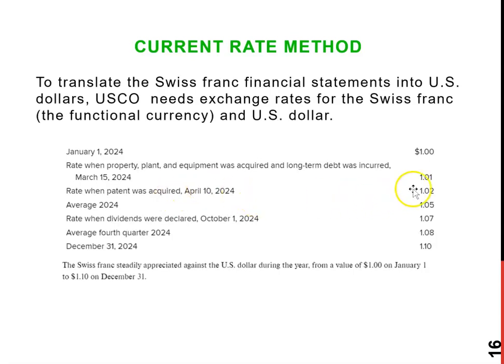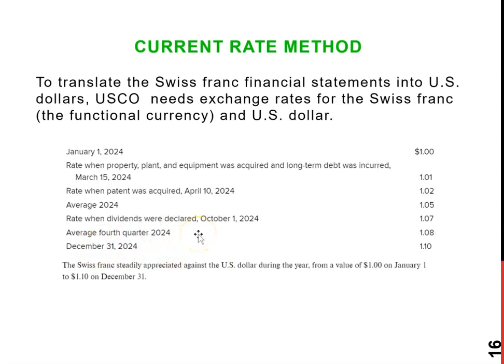The March 15 rate is given. For the patent, acquired on April 10, the rate is given. The average rate for the whole year is also given, $5. When the dividend is declared on October 1st, the rate is given. For dividends, we use the historical rate, and it's always the day when we declare the dividend.